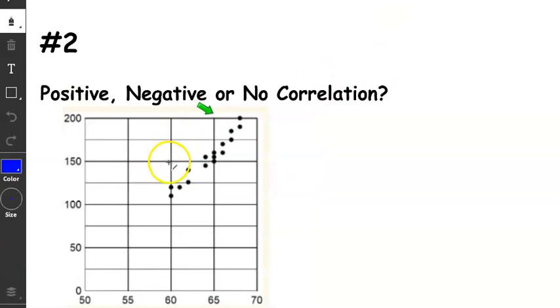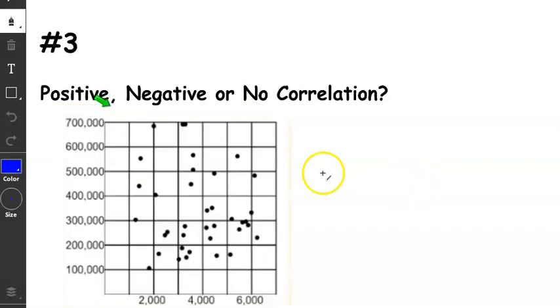Let's try this one. Put a circle around the majority of your points. Is your circle going up and to the right, down to the right, or just all over the place? Well, this one is going up and to the right. So whatever two things we are comparing, we call this a positive correlation. Let's try this one. Look at this.